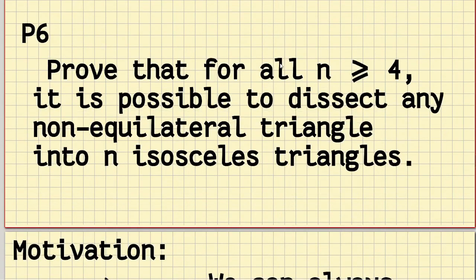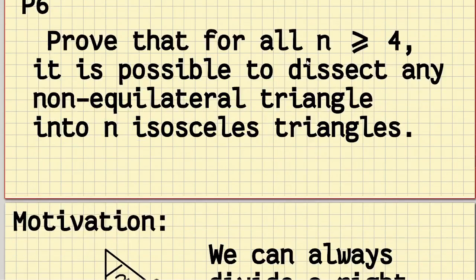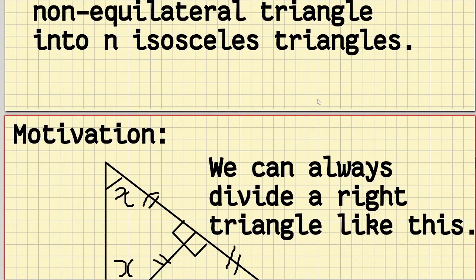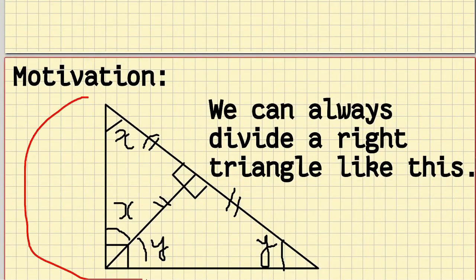So let's see the motivation. First I will try to prove this in a general way. I will take a scalene triangle, and we will do it like this for a right triangle. This is an obvious geometric property, but for those of you who are not familiar with too much geometry, I will try to prove it here.